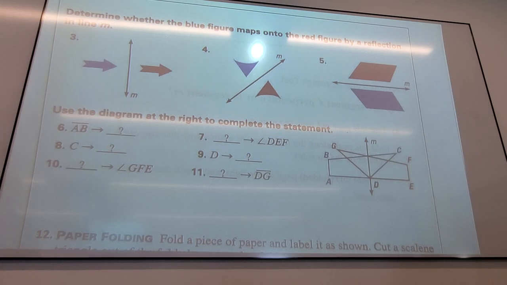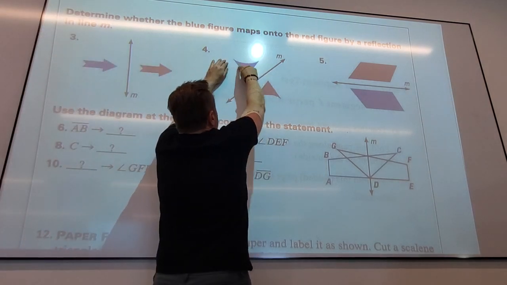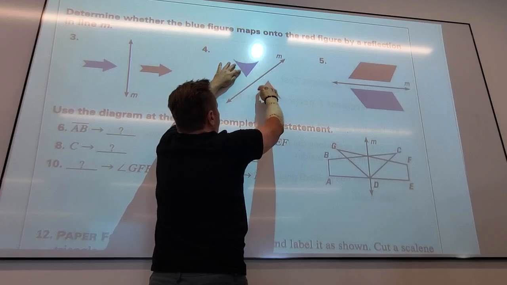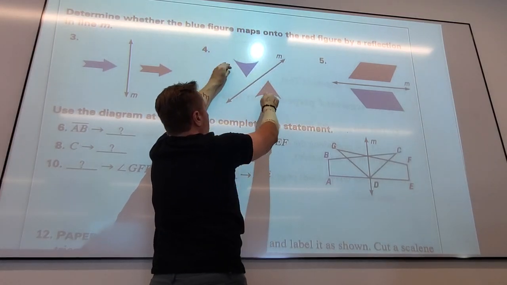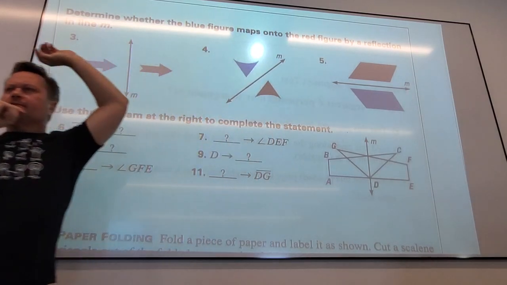So if you think about that, what about number 4? No. Why not? Because the red is a little bit closer than the blue. Yeah, if you think about it, this side should have a side right across from it, yes? Do you see how that doesn't work?